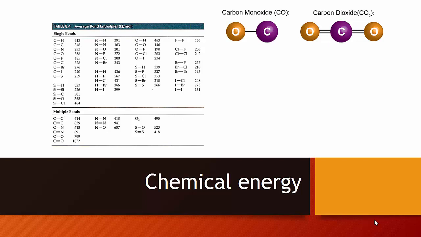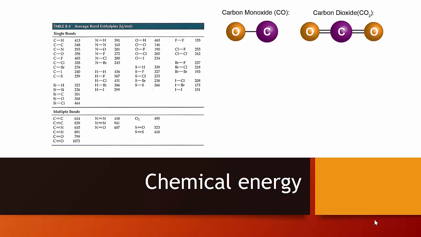If we look at carbon monoxide and carbon dioxide, carbon monoxide has one carbon-oxygen bond if we look just at the simplicity of it, and carbon dioxide has two separate carbon-oxygen bonds.